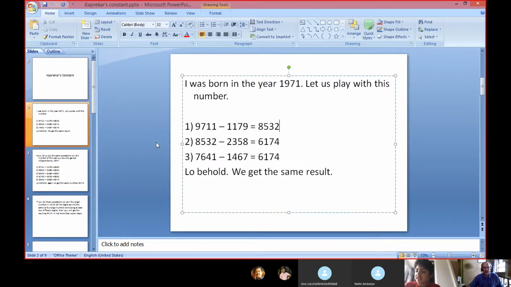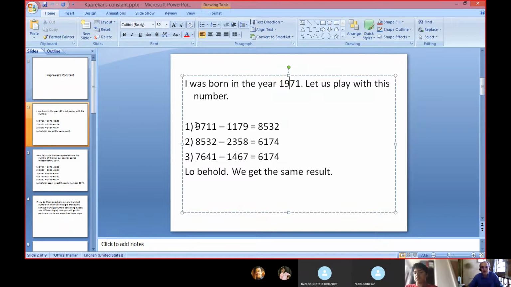So we'll take any four-digit number where all the four digits are not the same. Nehal, you take any four-digit number where all the four digits are not the same. So you can have 3332, but not all threes or all twos. So let us say we take this number 1971.